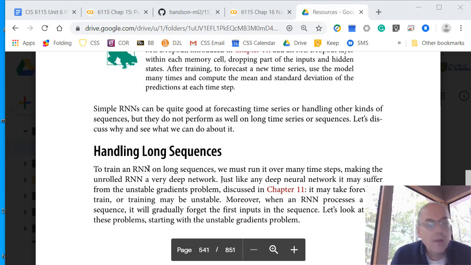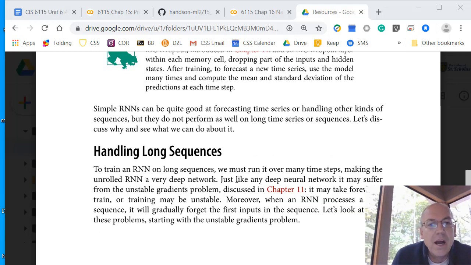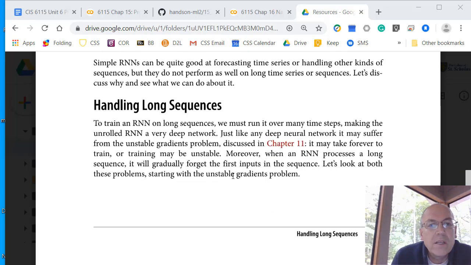So one of the problems with some of these recurrent neural networks is that for very long time frames, we often lose information. We focus too much on recent changes to the data and don't see long-term changes.